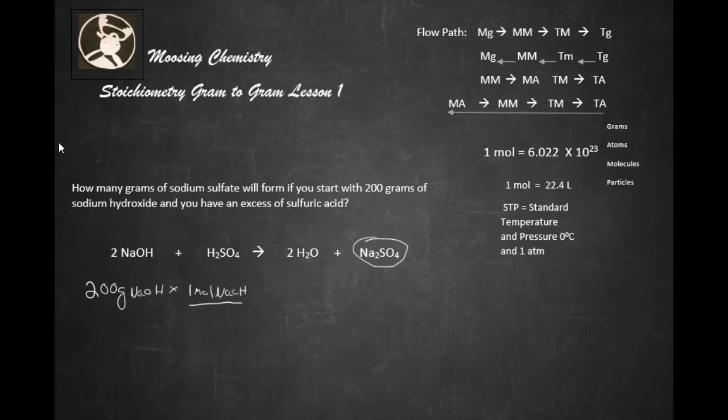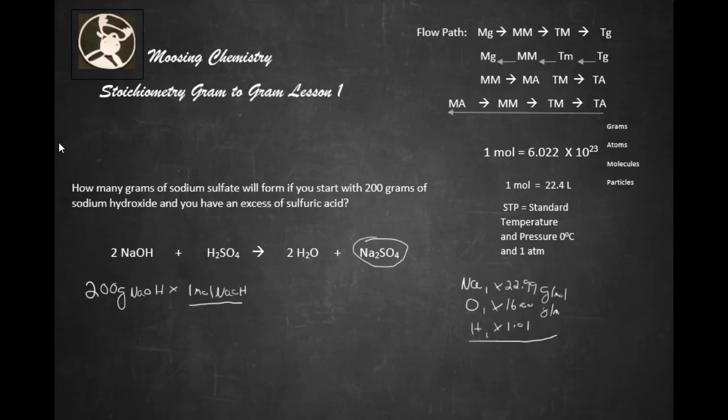Now, the molar mass of sodium hydroxide, you have 1 Na, you have 1 oxygen, and 1 hydrogen. So this is going to be 22.99. This is going to be 16.00, and this is going to be 1.01. And of course, these are all grams per mole, right?